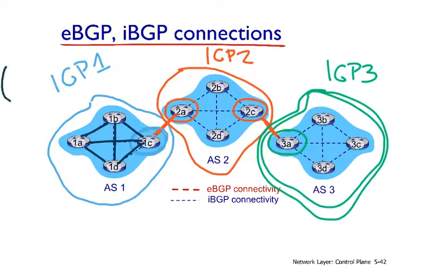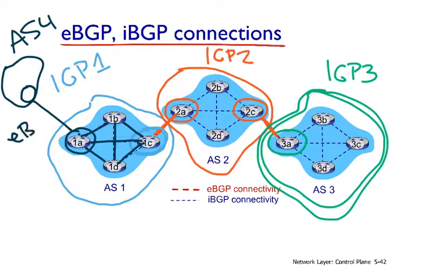Then if another autonomous system, for example number 4, is connected to AS1, this gateway router is able to propagate the information it knows up to that moment by means of an eBGP session. So this is the process for propagating information about reachability in the internet by means of BGP.